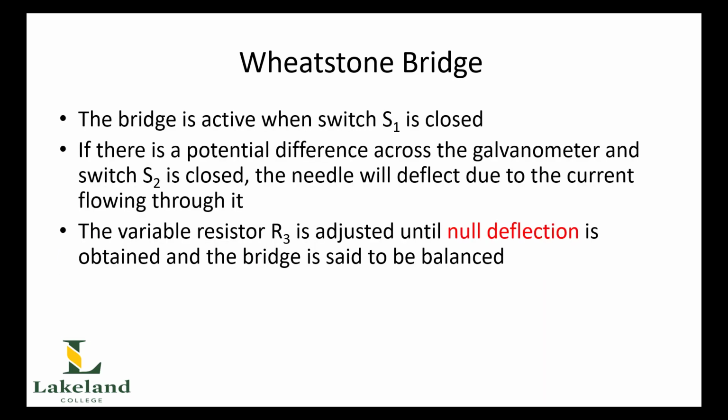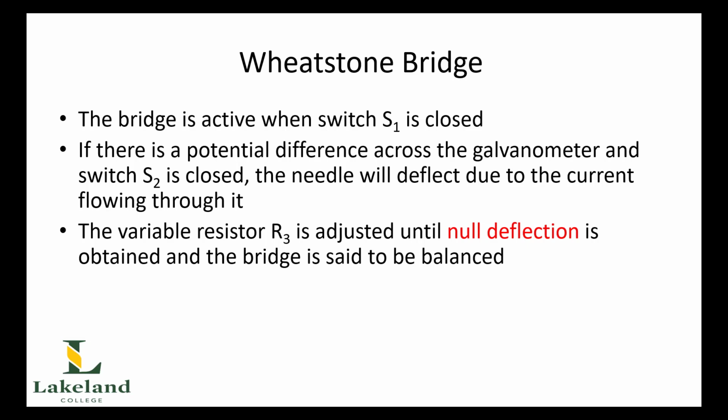Okay, so before we actually start calculating this, let's just summarize again what happens. Switch S1 on the power supply gets closed. The bridge circuit is now energized. There's going to be a potential difference across that galvanometer, and switch 2 is closed, and that needle is going to deflect, and it will either go to the left, negative, or to the right, positive, to indicate a current going through it.